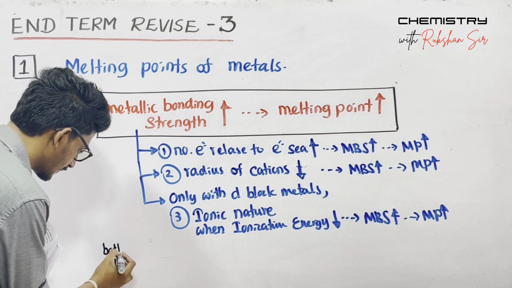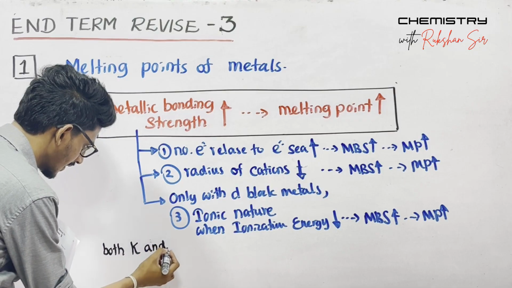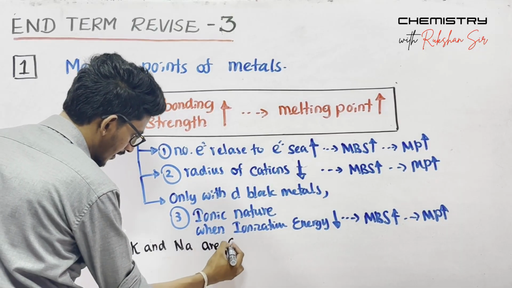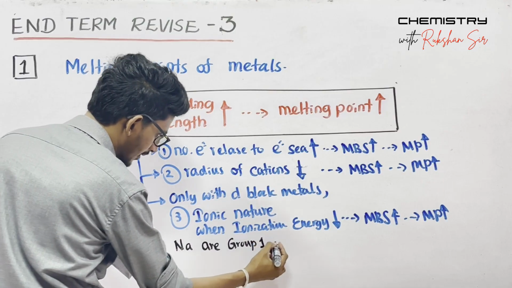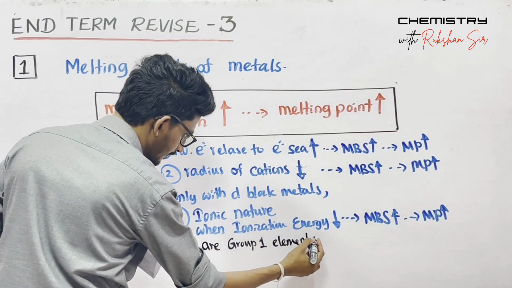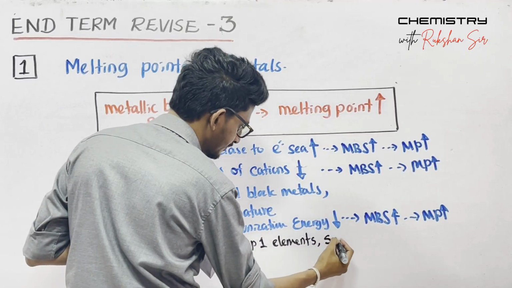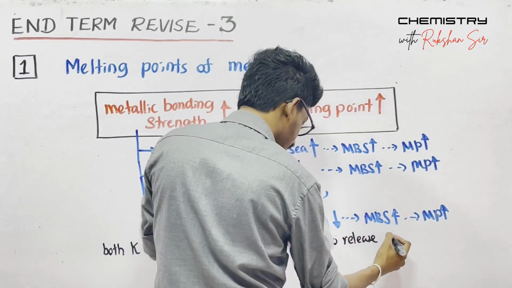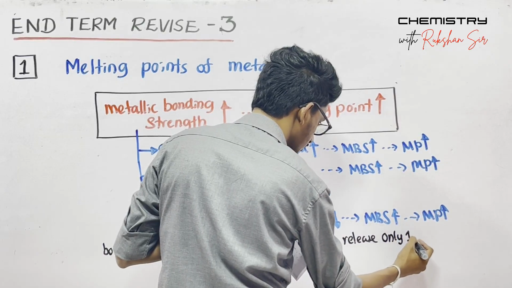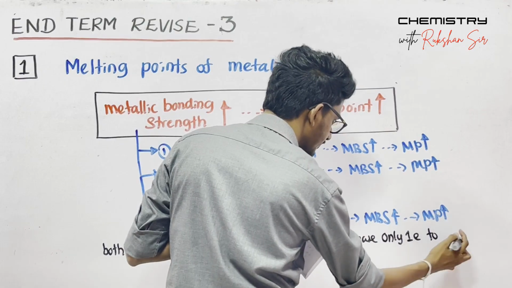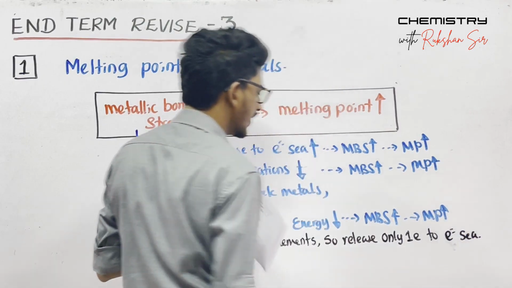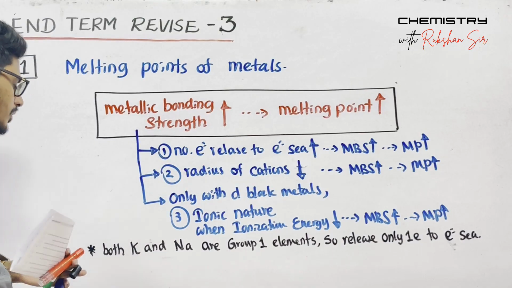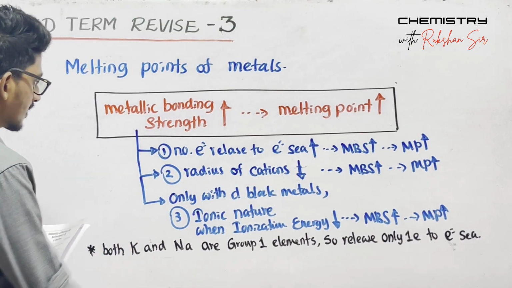Both K and sodium are group 1 elements, so they release only one electron to the electron sea. So we have to consider the second factor there, right? Factor number 1 is constant for both sodium and potassium. The second factor, radius of the cation.